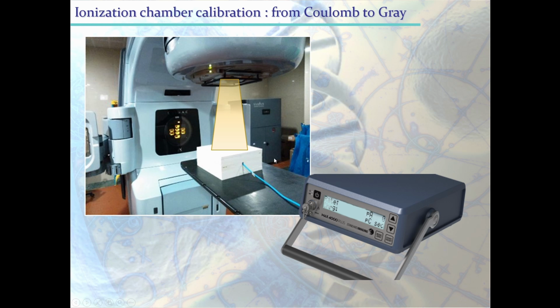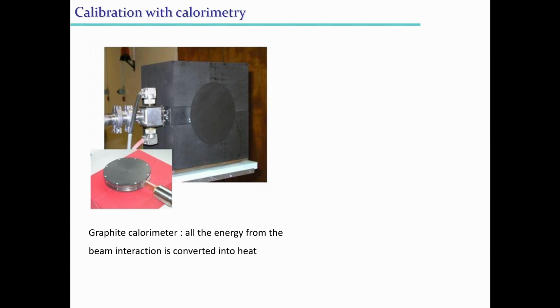When we irradiate, it will take time, but we will collect some charges. Let's say here 300 picocoulombs. And we can wonder how we get the correspondence between those picocoulombs and how many grays the chamber received. And this is calibration, dosimetry calibration.